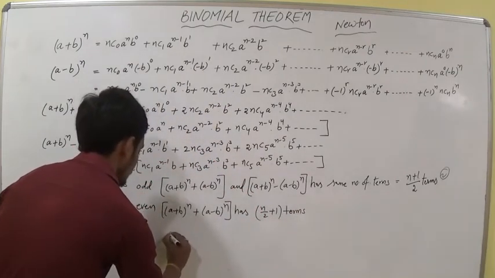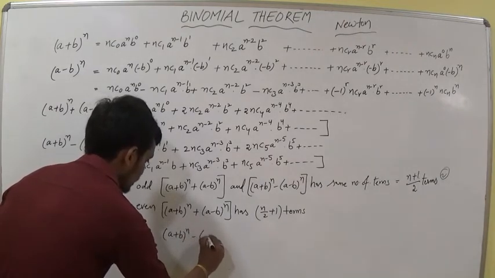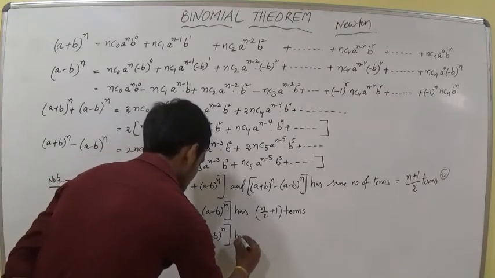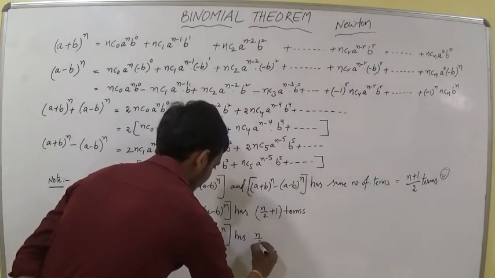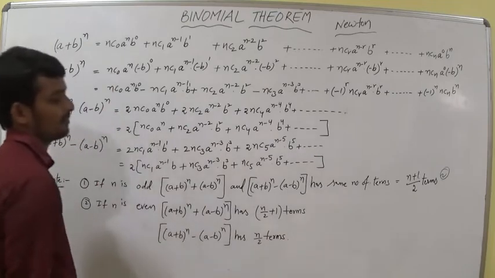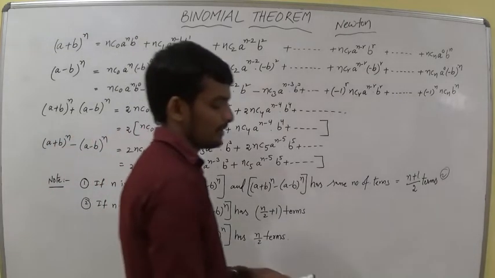In the same way, (a plus b) whole power n minus (a minus b) whole power n has n by 2 terms. The first one has n by 2 plus 1 terms, and the next has only n by 2.